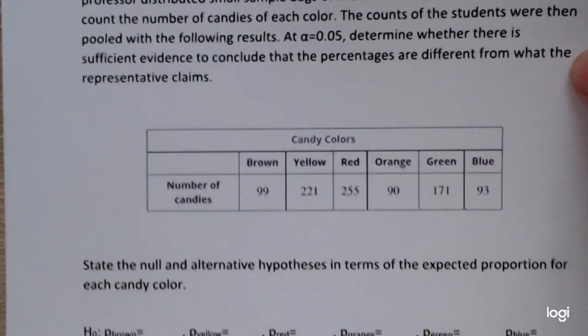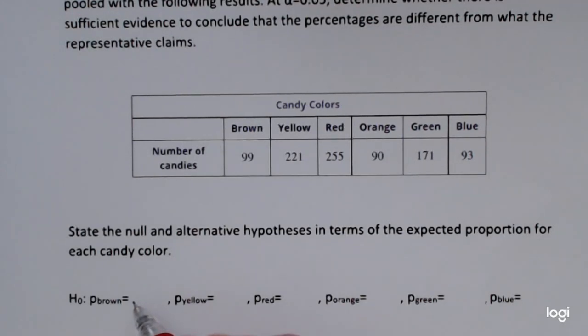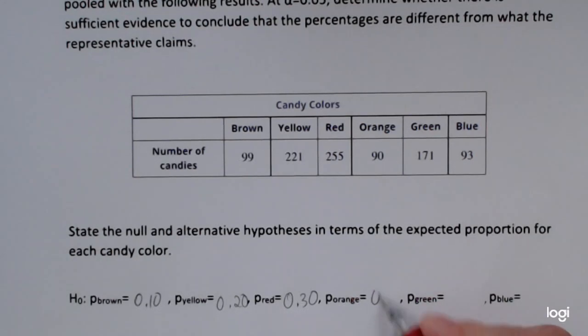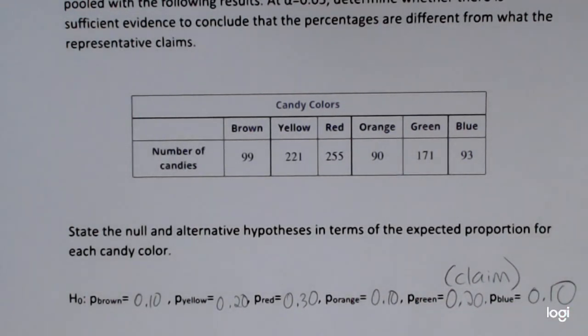So in terms of proportions, I'm just going to put in exactly what is claimed by the manufacturer as decimals. I didn't really give myself a whole lot of room here. Okay, so this is the null, and this happens to be the manufacturer's or the representative's claim. So the null is the claim in this particular example.